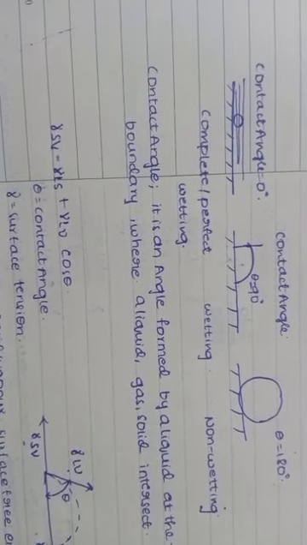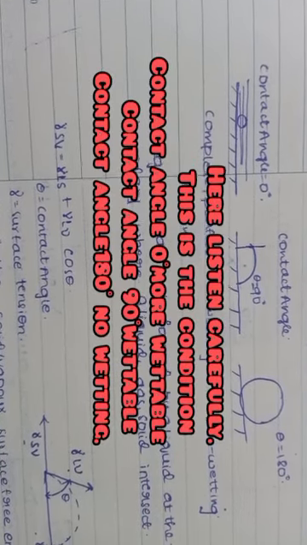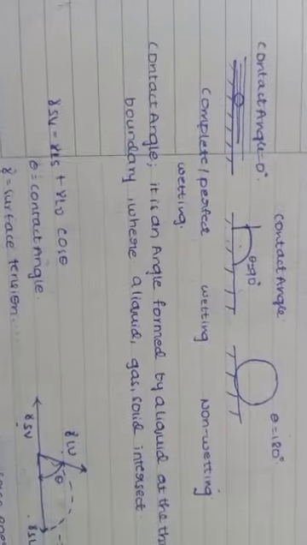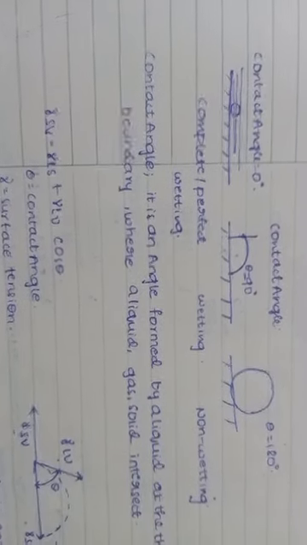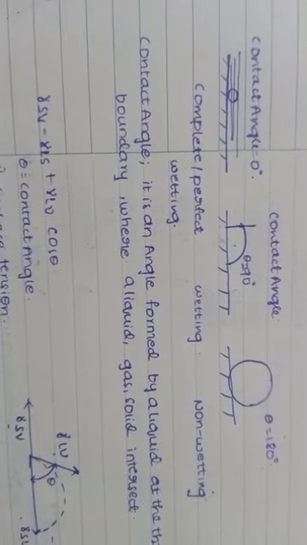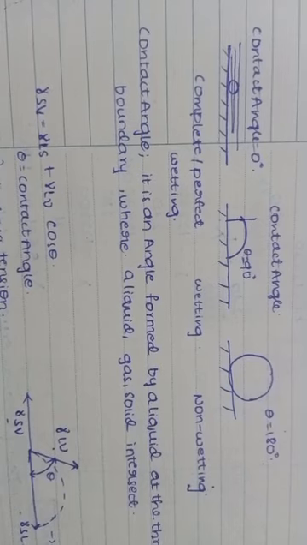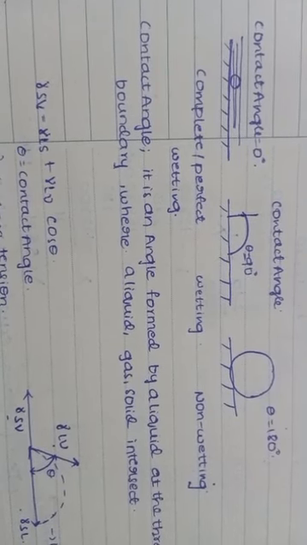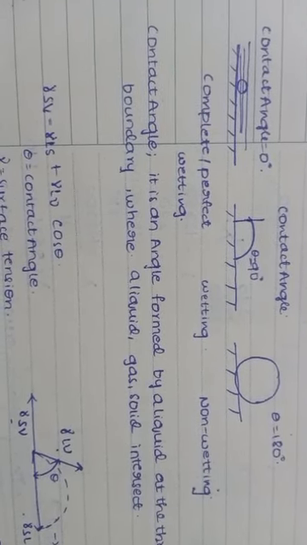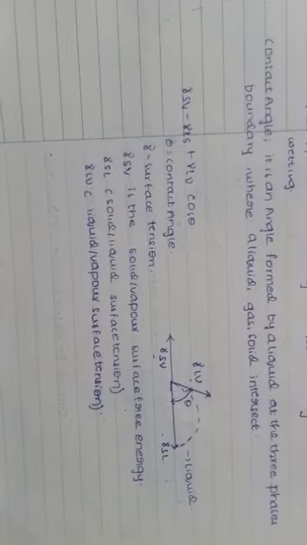So it is directly proportional to wettability because the contact angle is less, right? And when the contact angle is 90, it is poor in wetting. But when the contact angle is 180, which is greater than 0, it is non-wetting, means it does not have the ability to wet in the liquid.